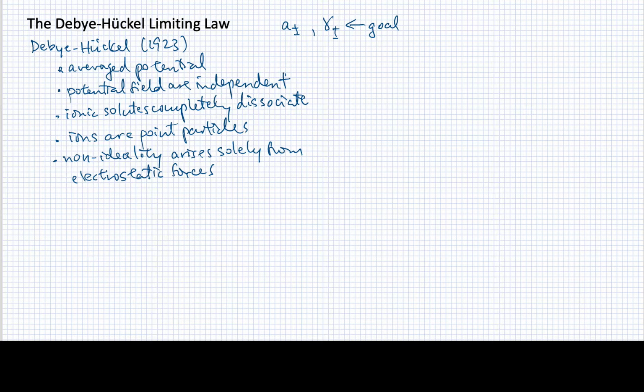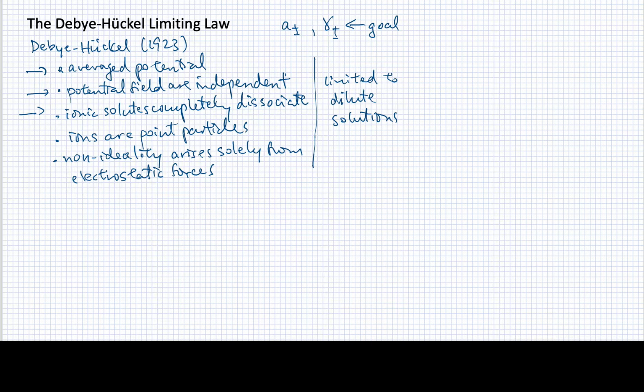Now, with this set of assumptions, there is an inherent limitation that this is always going to be limited to dilute solutions. As soon as we have a non-dilute solution, it's much more difficult to make the case that the potential fields are independent of one another, that they can act upon some averaged potential.